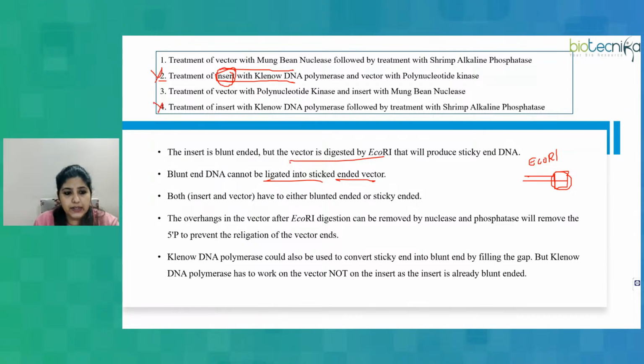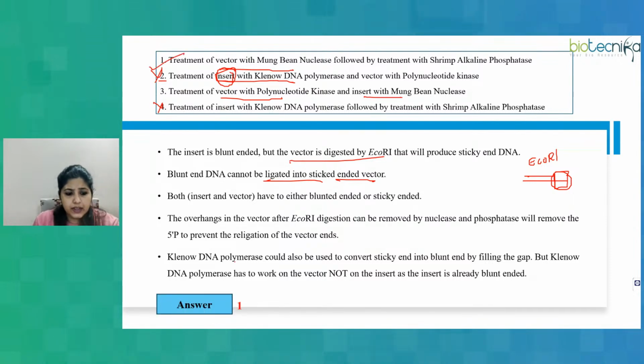Similarly, 4 cannot be the answer. And here, treatment of the vector with polynucleotide kinase and then the insert with mung bean nuclease. Again, the insert is already blunt ended. So the answer here is option 1, right?